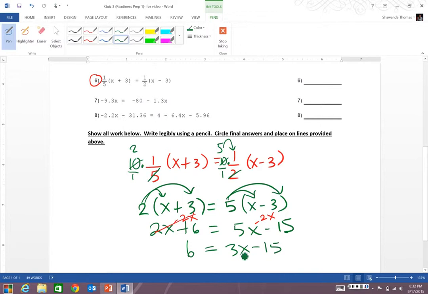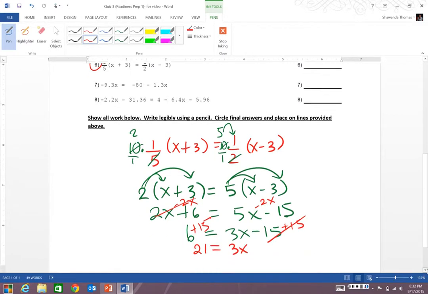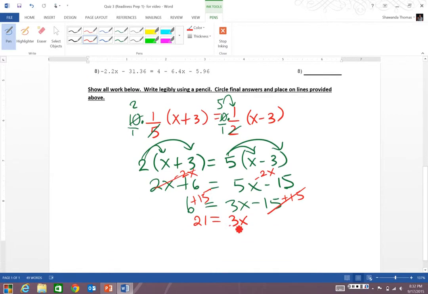Now since our variable is on the right side, let's get that 15 over this side by adding 15 to both sides, since that was a minus 15. 6 plus 15 is 21. Last thing we need to do to get x by itself, divide by 3. Then x equals 7.